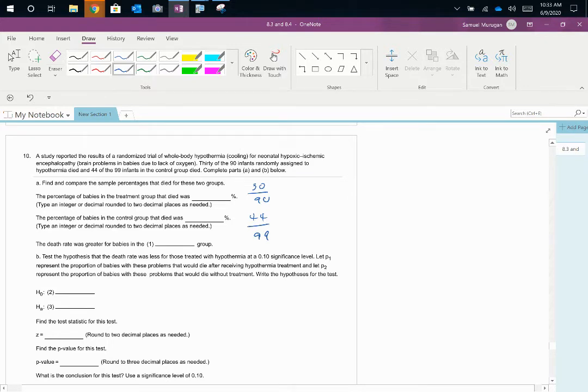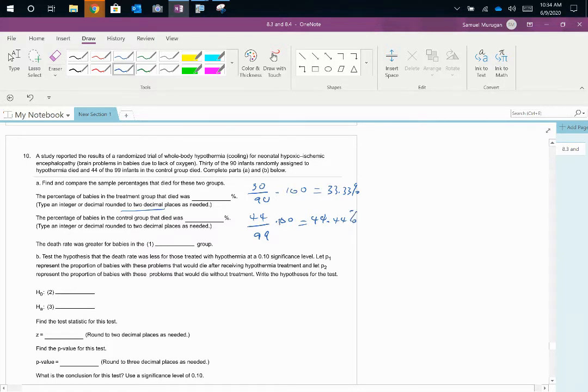So 30 out of 90 times 100, to two decimal places, is equal to 33.33. Let's write it on the side here. And 44 out of 99 is equal to 44.44.